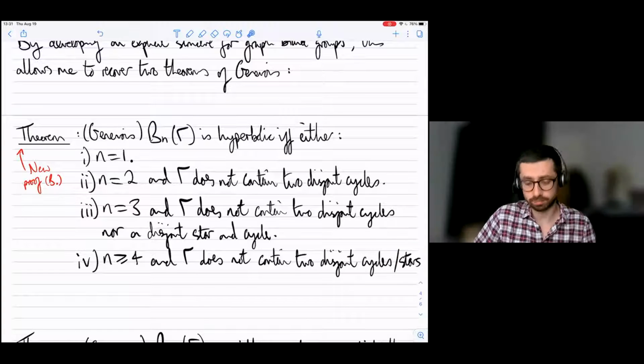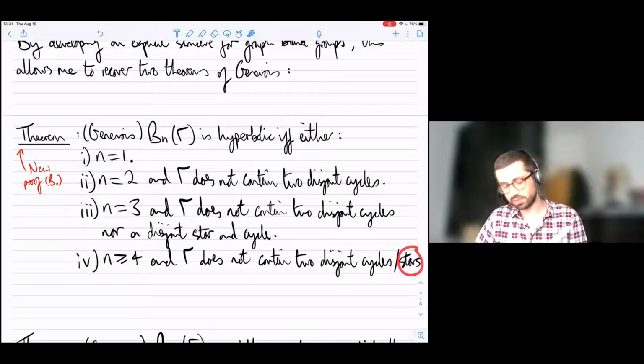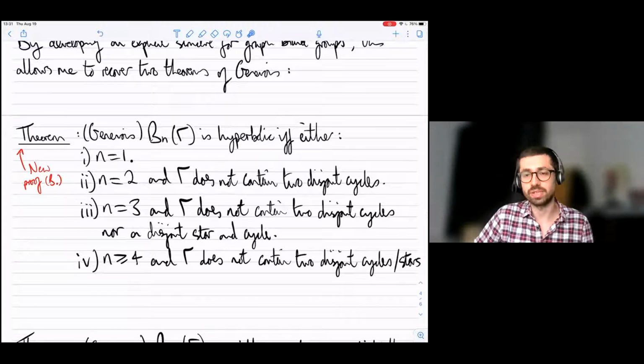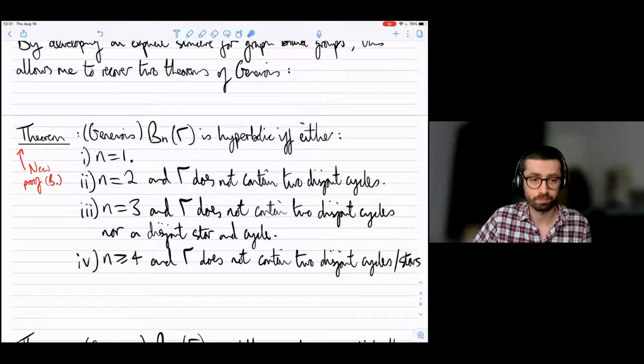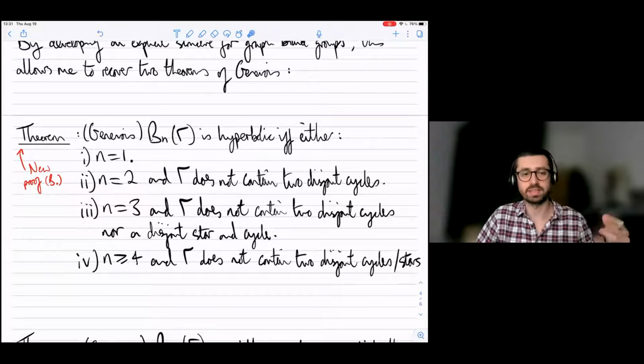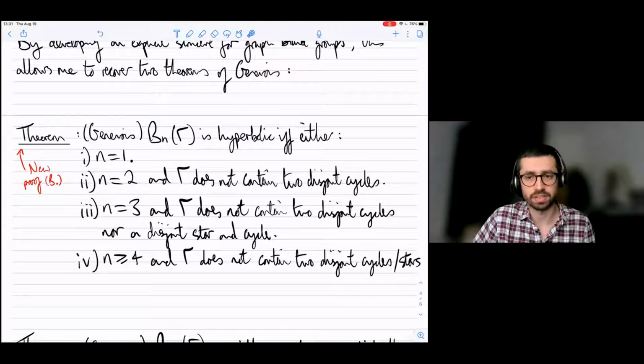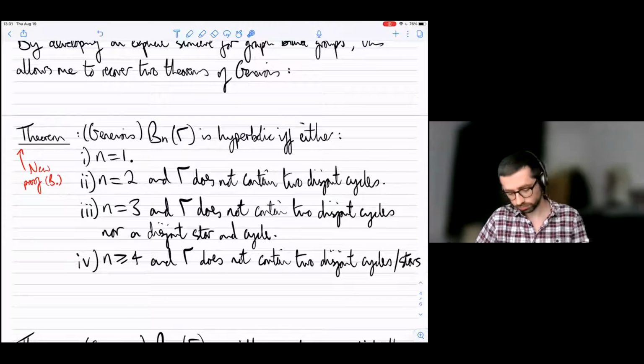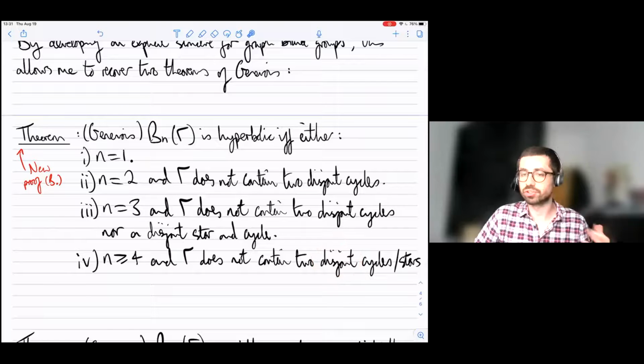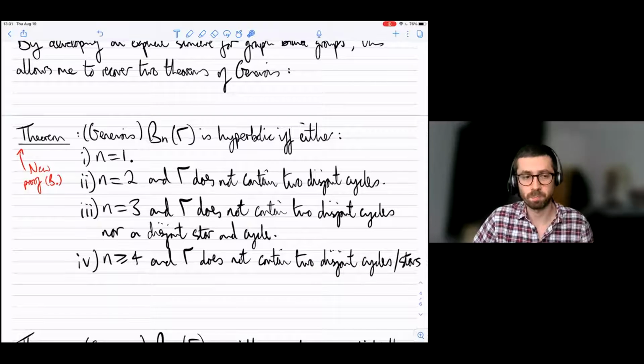However, in order for a star to generate a copy of Z, you need at least 2 particles. So that's why this gives us this condition on the number of particles. And then disjointness tells us that you have a direct product.